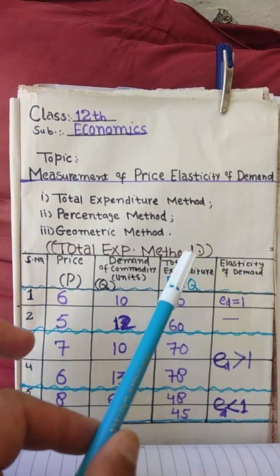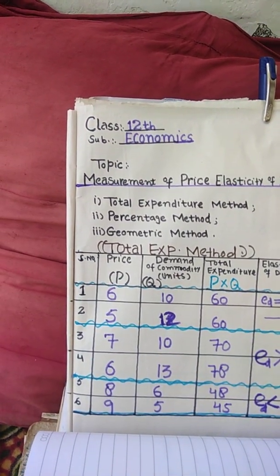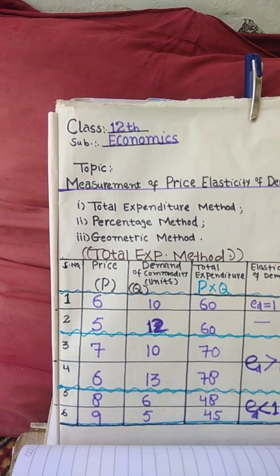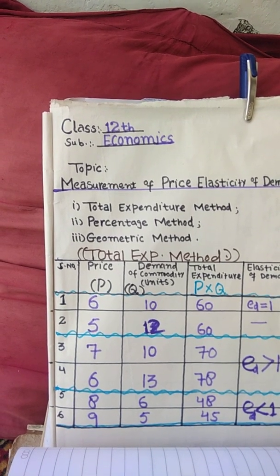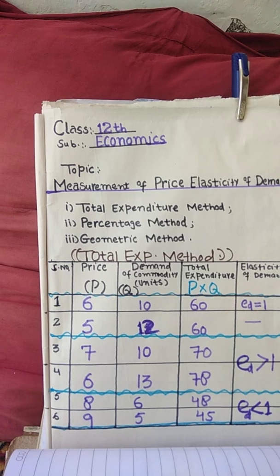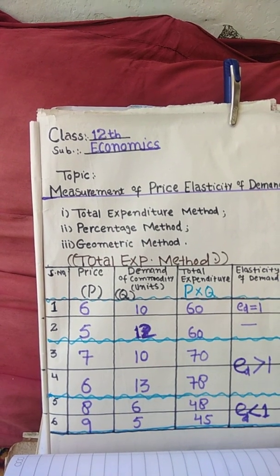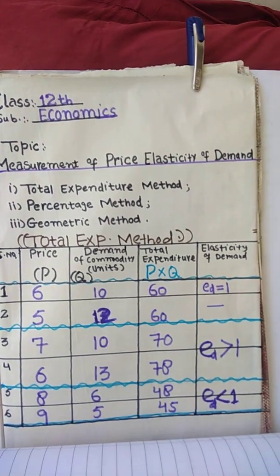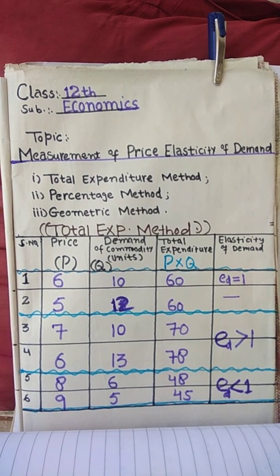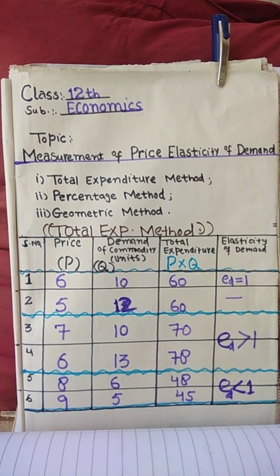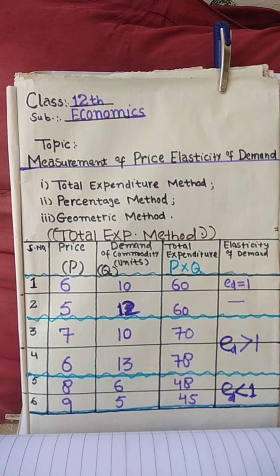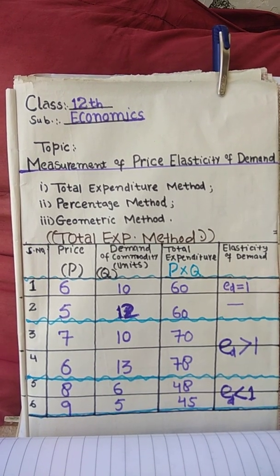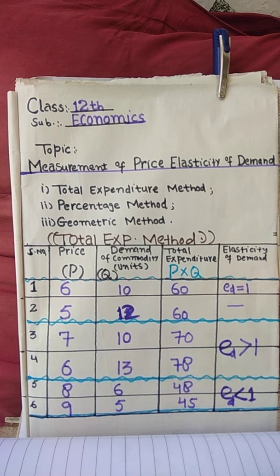that is in the total expenditure method, what we do is compare the total expenditure of the consumer spent on any commodity before and after the change in its price. Therefore, with the change in price of any commodity, the price elasticity of demand usually shows three results.